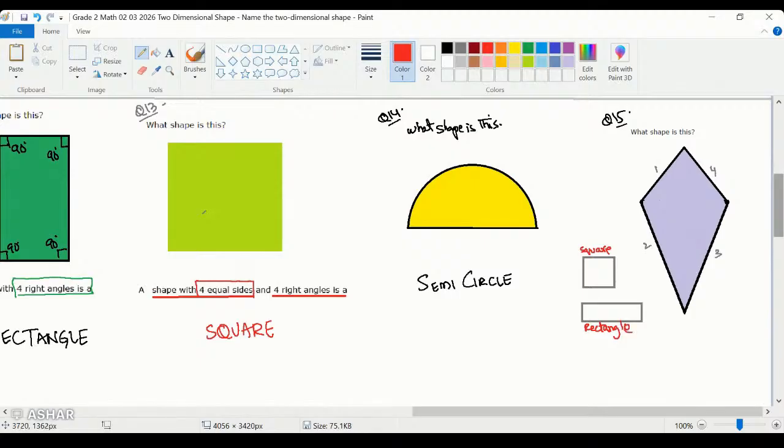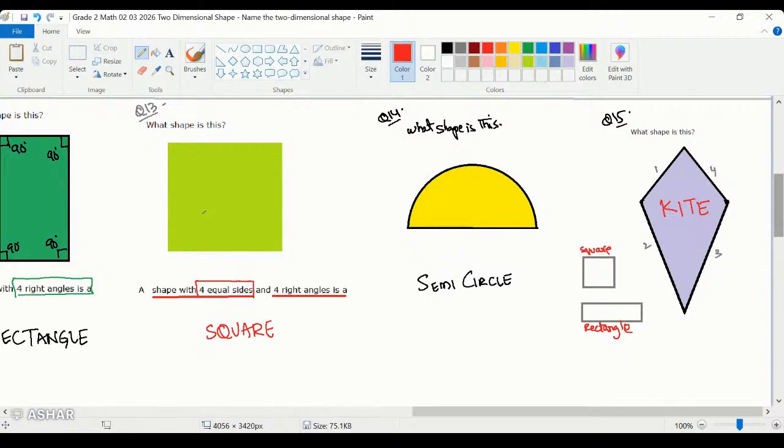Yes, thank you. It is a kite. Agreed? Perfect. In a diamond as a shape, the side 1 and 4 will have the same length as the side 2 and 3. But over here, 1 and 4 have the same length. We have flown a kite, right? So we have an idea what a kite is.